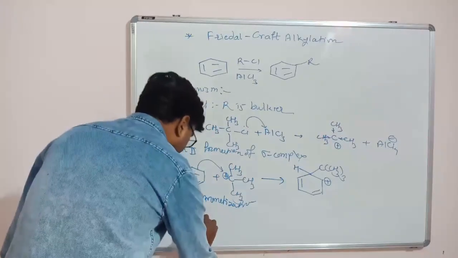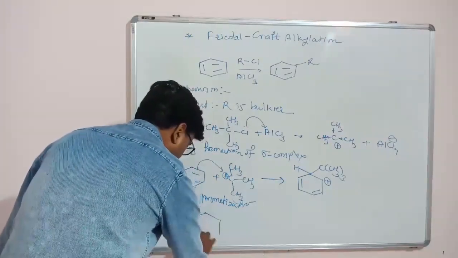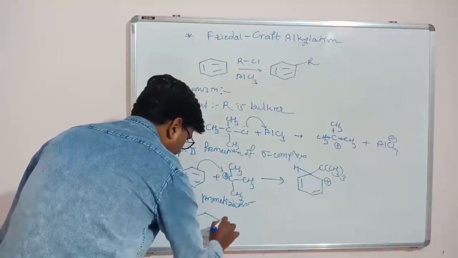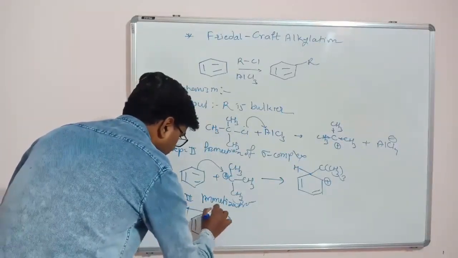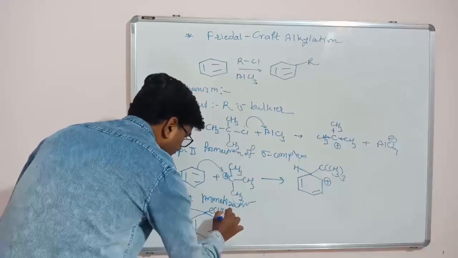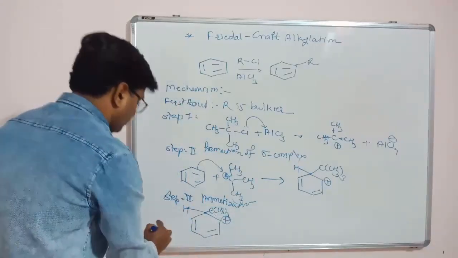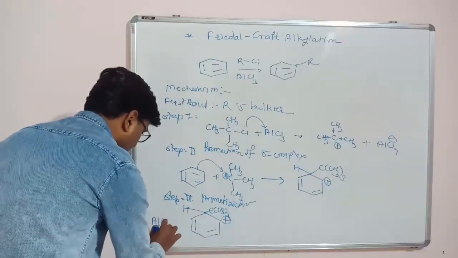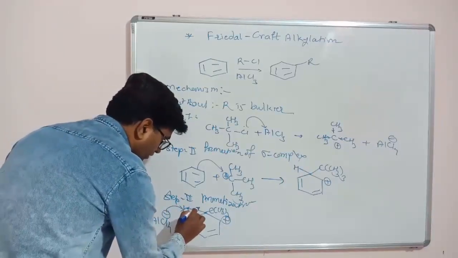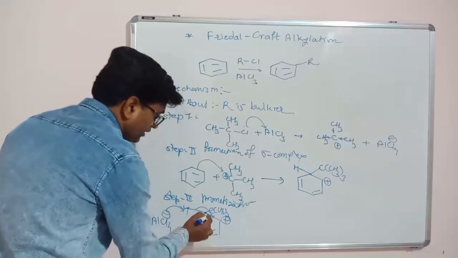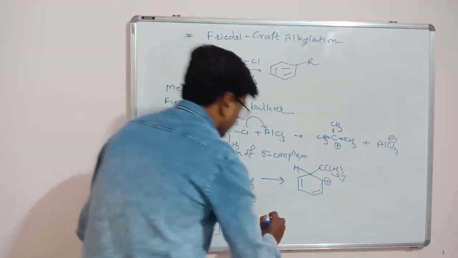In this sigma complex, as we know, there is a positive charge, this is hydrogen, and this is the tertiary butyl group, CH3, CH3, CH3. This conjugate base AlCl4 minus will abstract this proton, this sigma bond will break, those electrons go over here, so this single bond will become double.